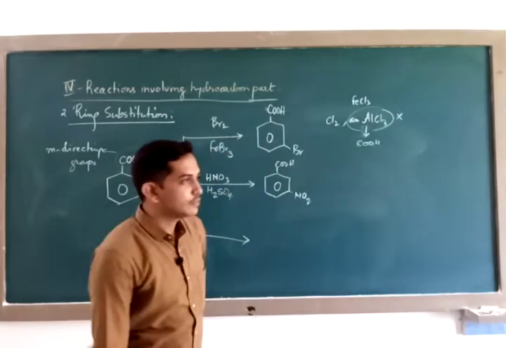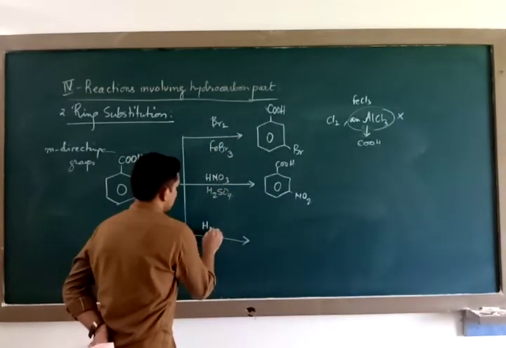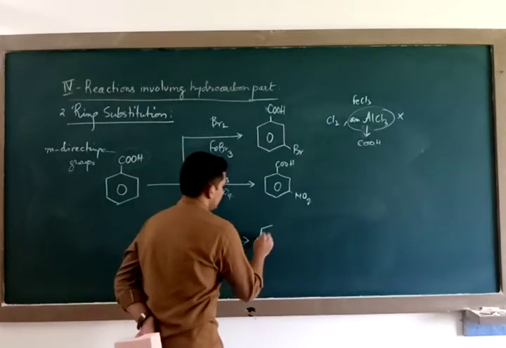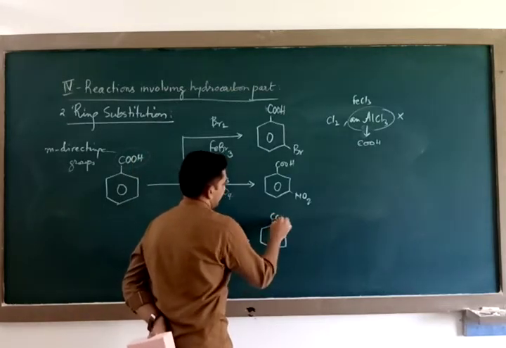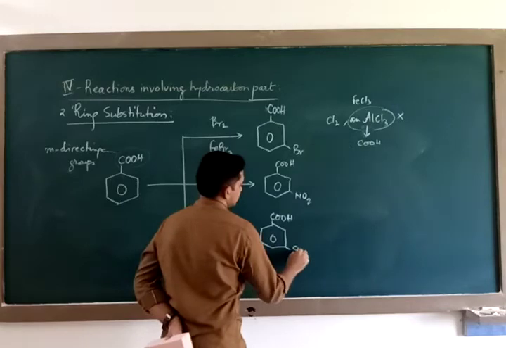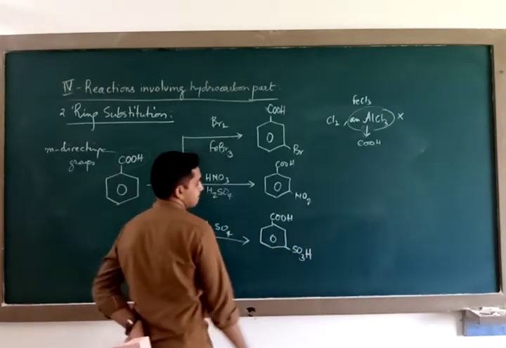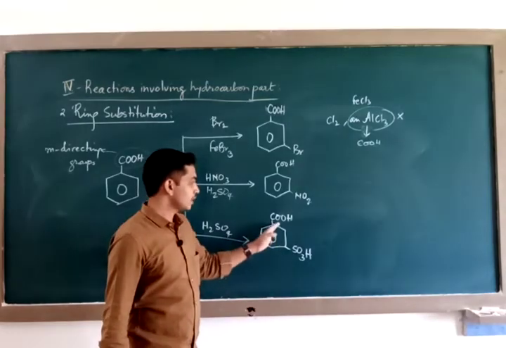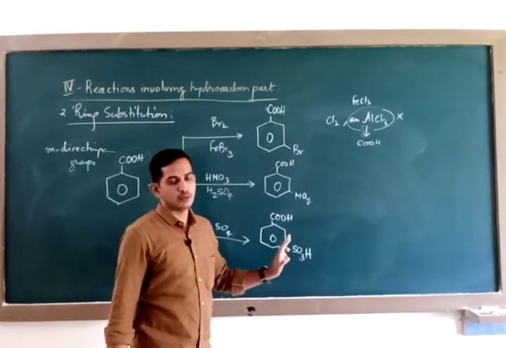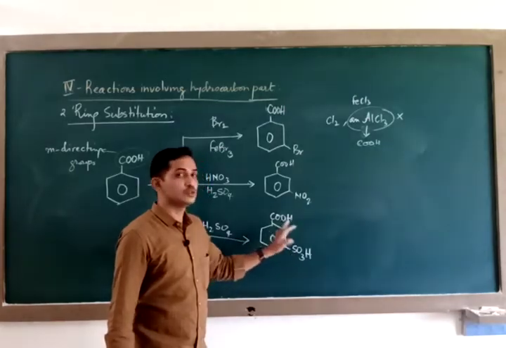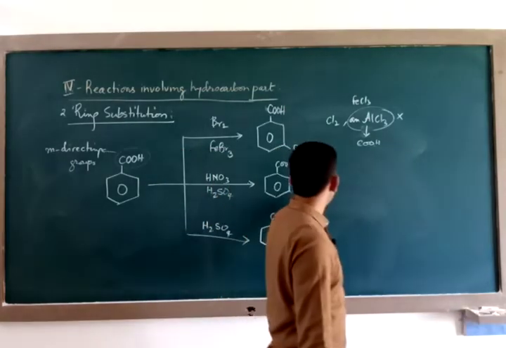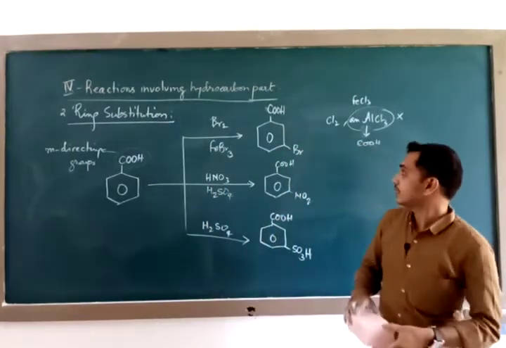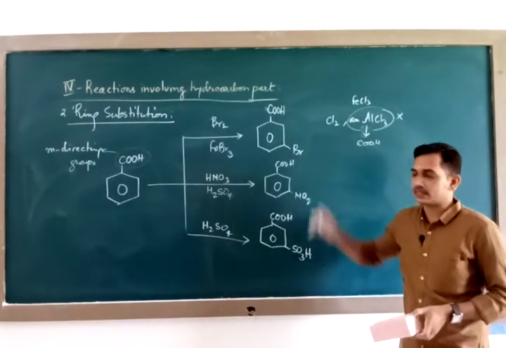Now, if the same is subjected to sulfonation, you will get benzoic acid, here SO3H. You will get meta sulfonyl benzoic acid. You will get here meta nitro benzoic acid. In the first one, meta bromo benzoic acid.